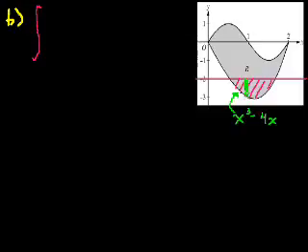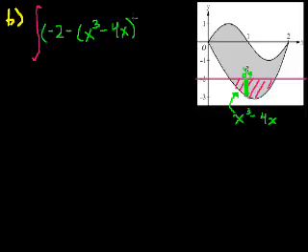So the height of each of these little rectangles is going to be -2 minus x to the third minus 4x. And the width of each of those rectangles is dx, so we multiply that times dx, and then we take all of the sums from x equal to whatever this point is to whatever this point is.